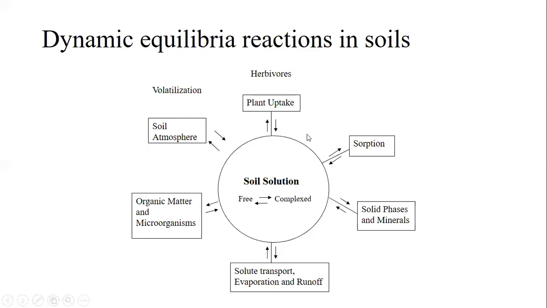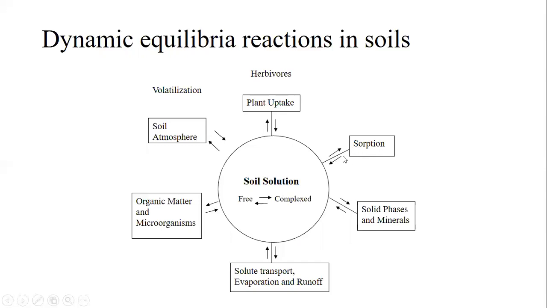Let's look at these individually. Plant uptake and herbivores: the herbivores eat the plants, and the plants take their nutrients from the soil solution. When the plants decompose, some of their constituents will go back into the soil solution at some point.